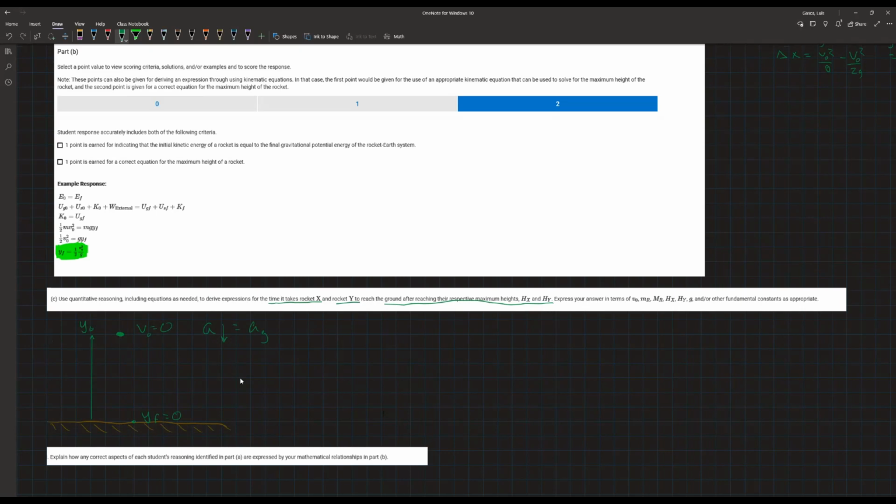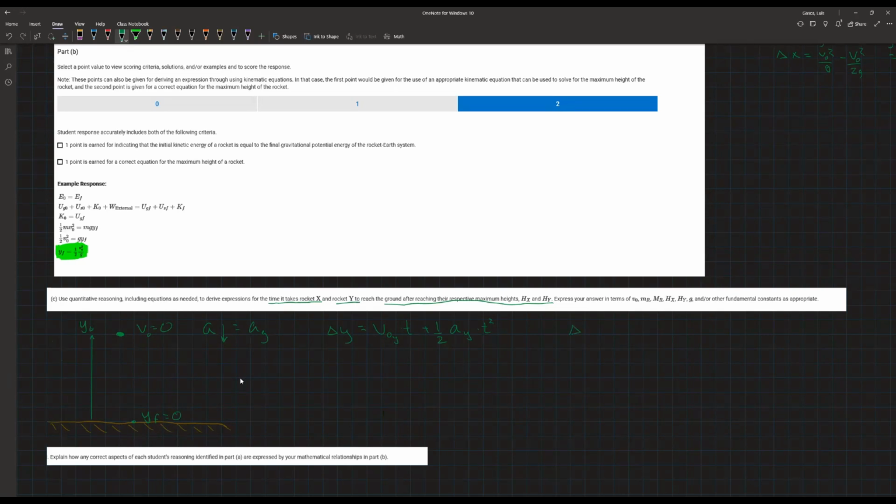So if we look at our equation for kinematics, we can say delta y is v original in the y direction times time plus 1/2 the acceleration in the y direction times time squared. And this original height is either going to be hx or hy, but we'll make that substitution later.